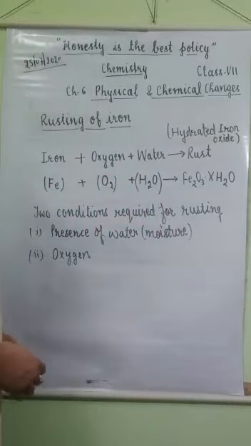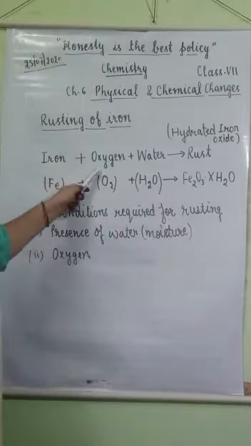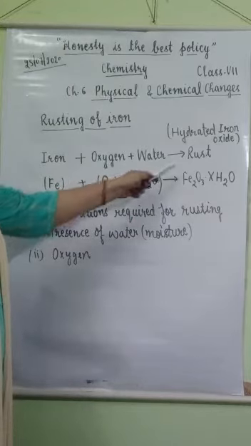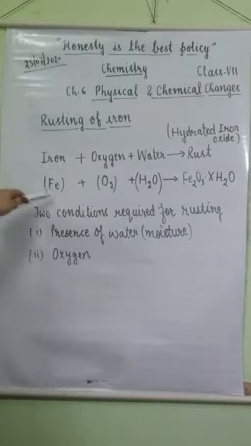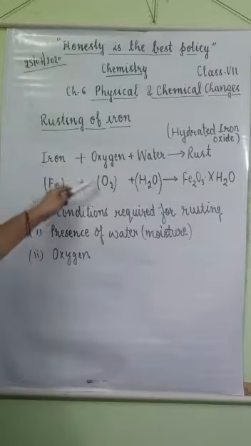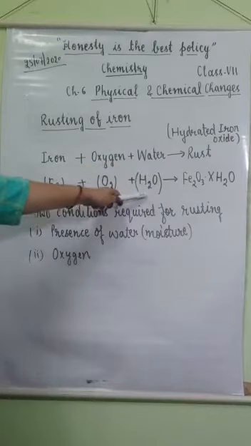The rusting of iron can be represented by the following formula. Iron plus oxygen plus water equals rust. Iron is represented by Fe, oxygen by O2, and water by H2O.